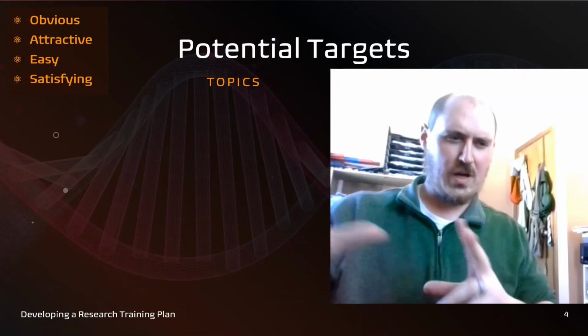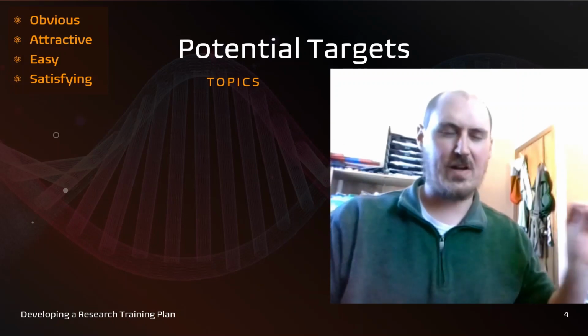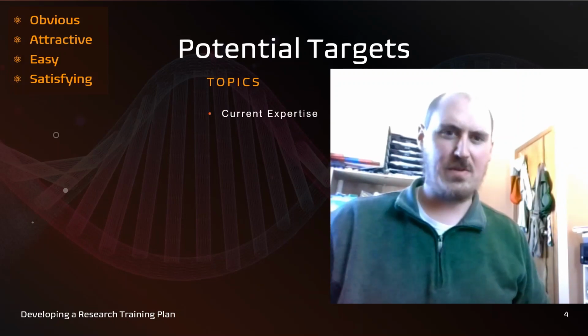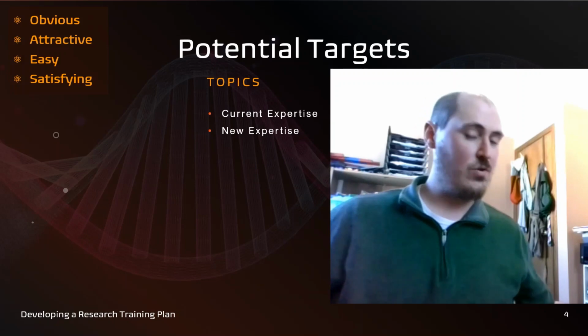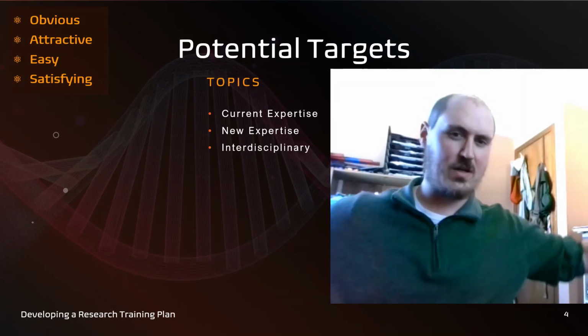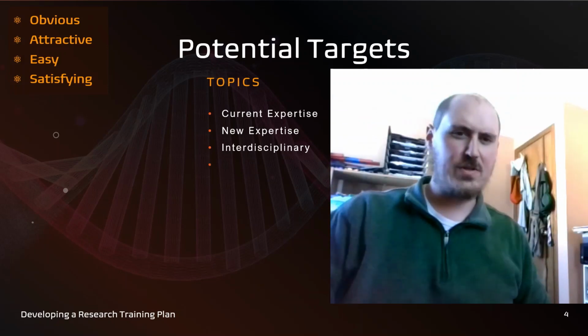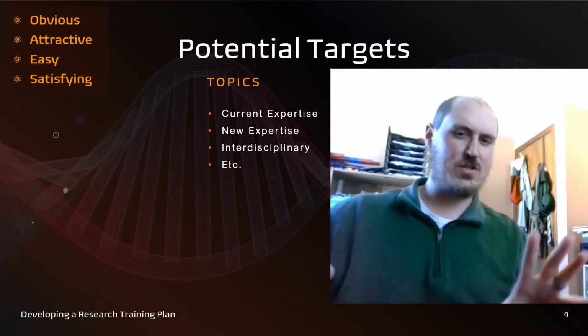So the 2 schemas, one would be topics, so more like specific areas of research. So it could be something like expanding your current expertise, going into a new expertise. Maybe you could think of more interdisciplinary, sort of combining 2 expertises, etc. This isn't exhaustive. These are just conceptual.